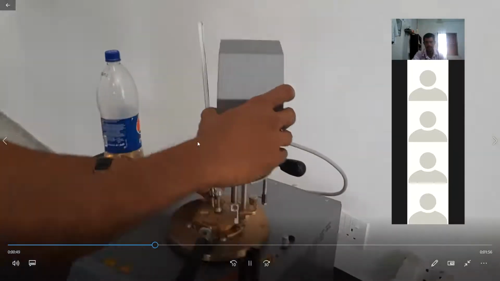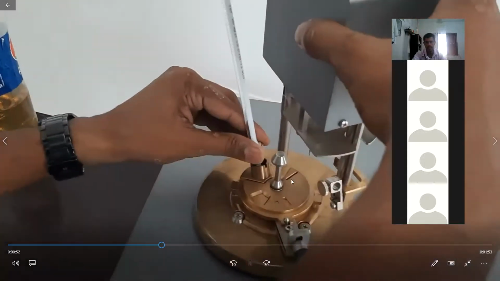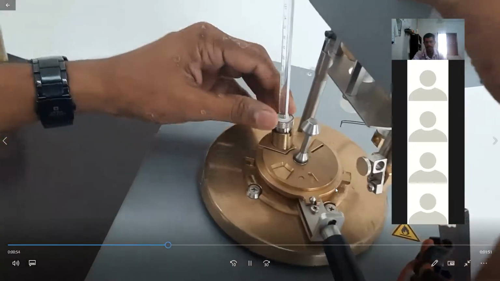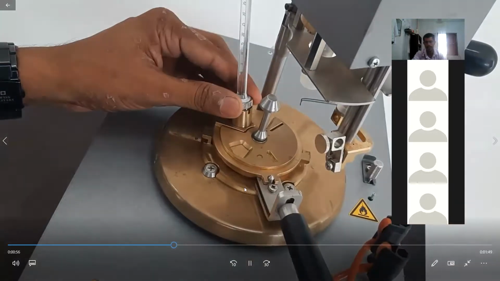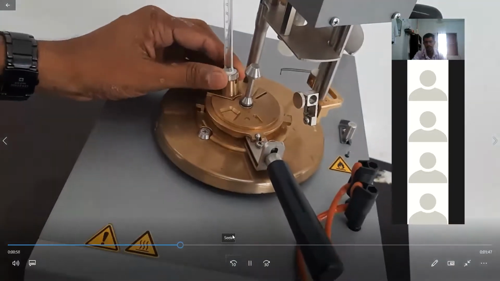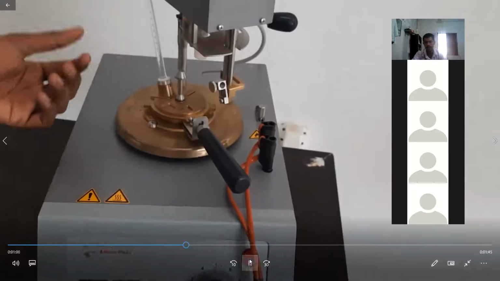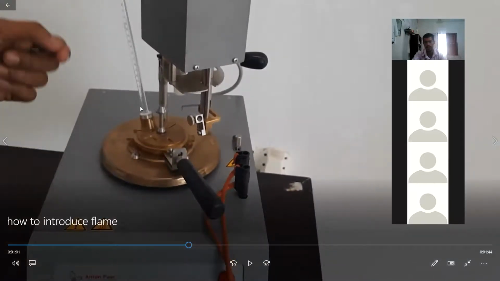Now I am fixing the thermometer, the motor and the electric heater. This is how we do it. The thermometer will touch the sample, so that from the outside we can see the temperature of the sample.